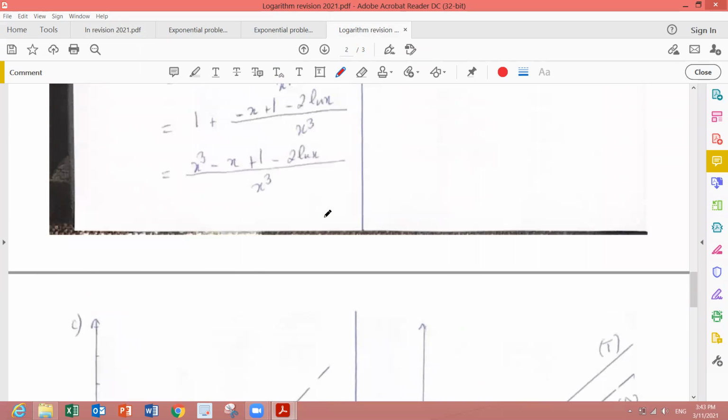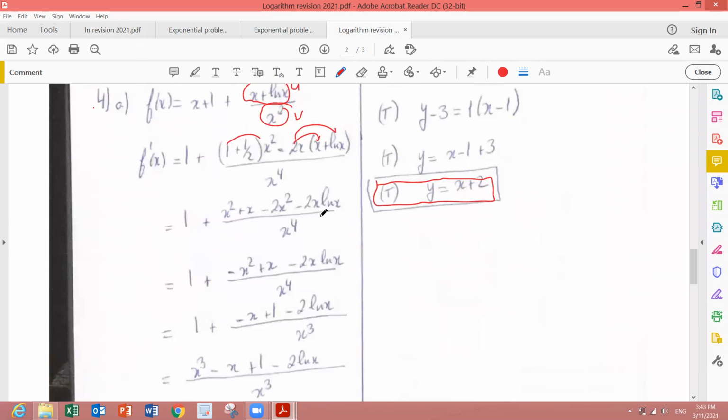To study the position, we find fx minus y delta, or y tangent, equal to x plus 1 plus x plus ln x over x squared minus x minus 2.